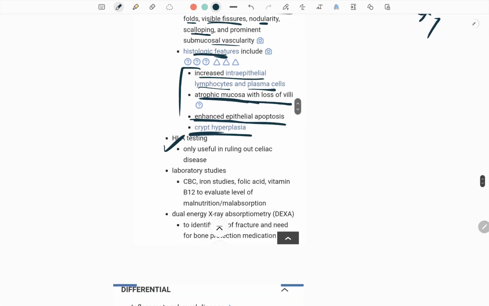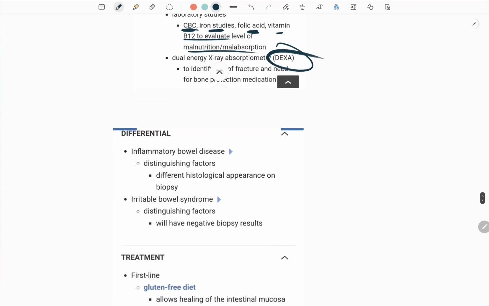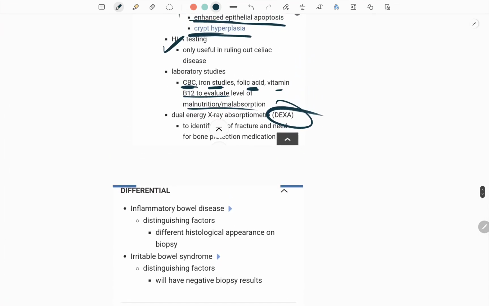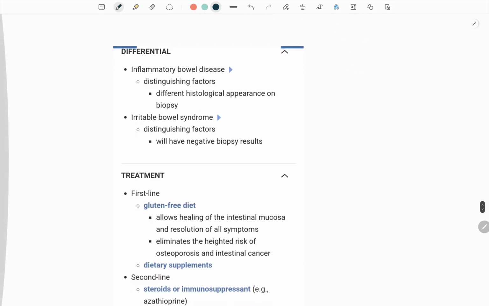HLA testing could be done. The labs could be CBC, iron testing, folic acid, and vitamin B12 to evaluate the level of malnutrition or malabsorption. We also prefer a DEXA scan to identify the risk for fracture or need for bone protective measures, because we talked about fat soluble vitamin deficiency, which also includes vitamin D, and that's why the patient is at risk of fracture and osteoporosis.